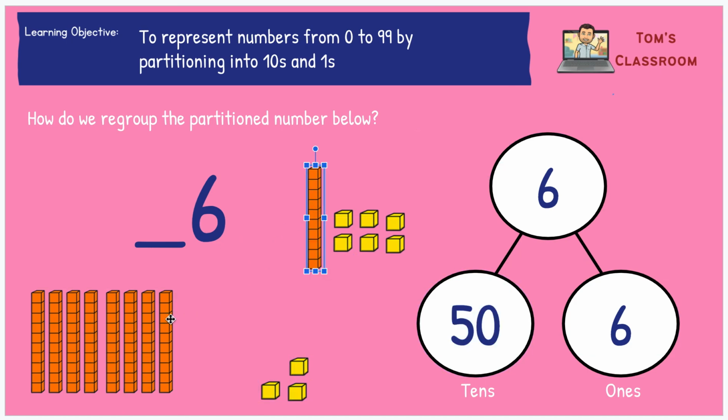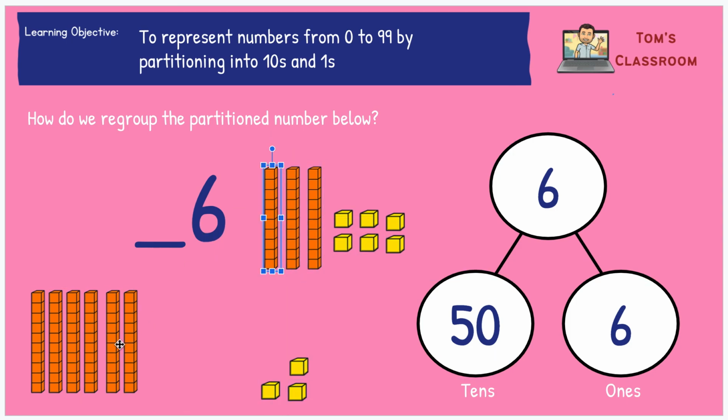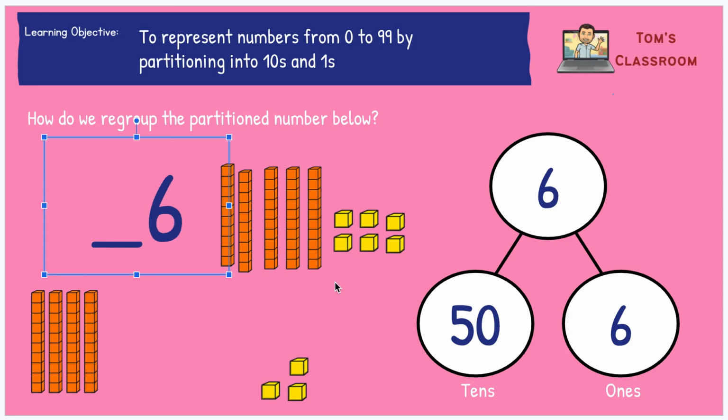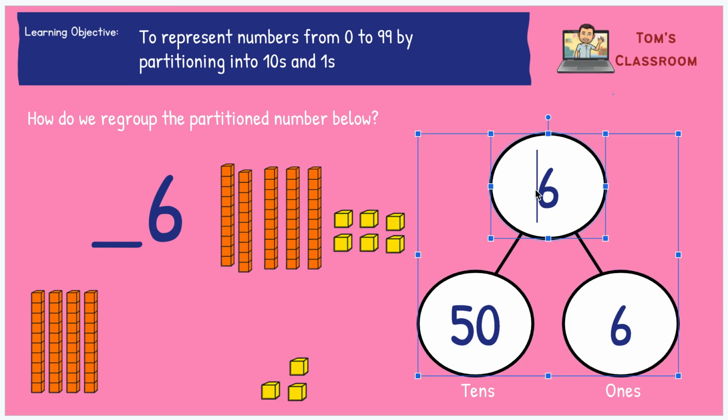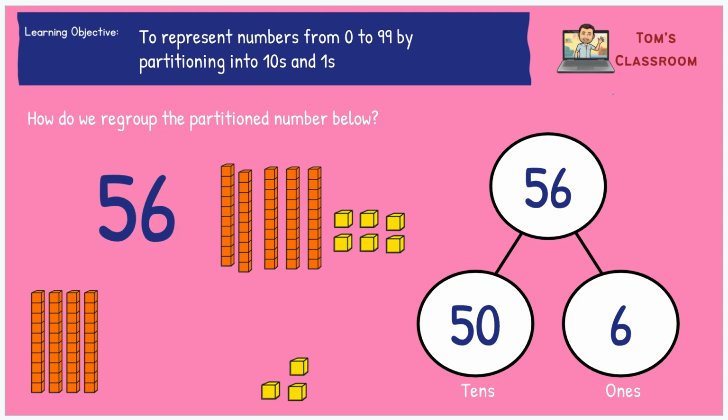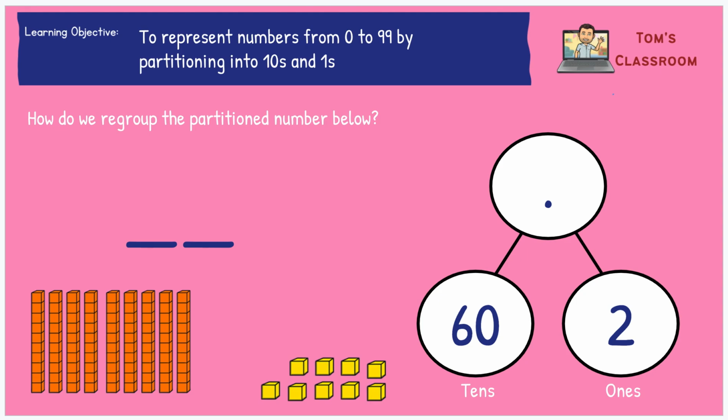So let's, 1, that's 10, 20, 30, 40, 50. So we've got 1, 2, 3, 4, 5 tens. So 50 and 6 make the number 56. How about this one? You have a try, pause the video, and come back when you're ready.